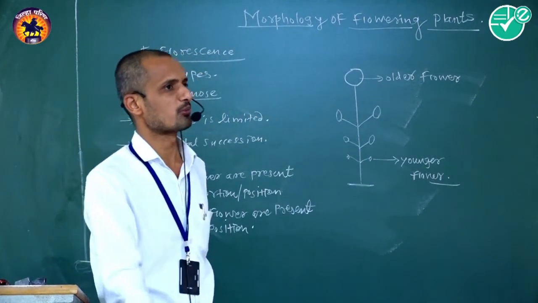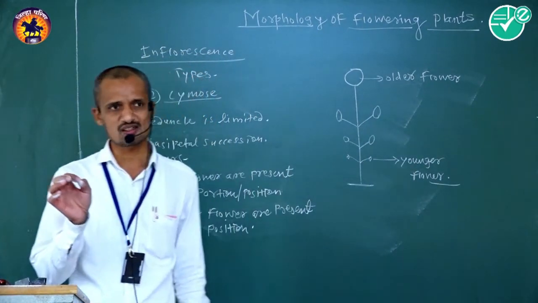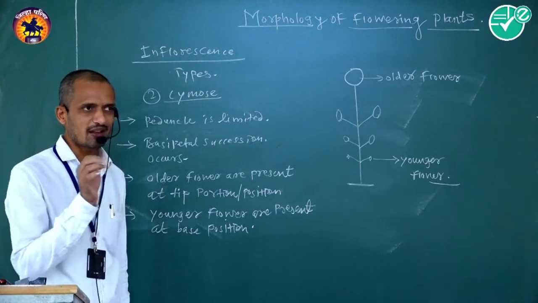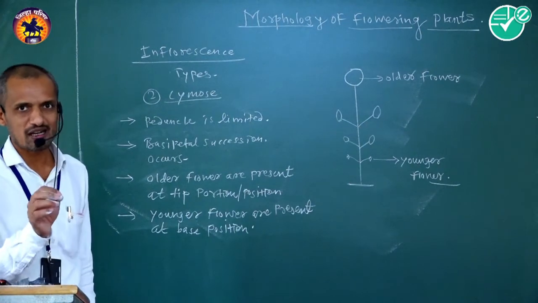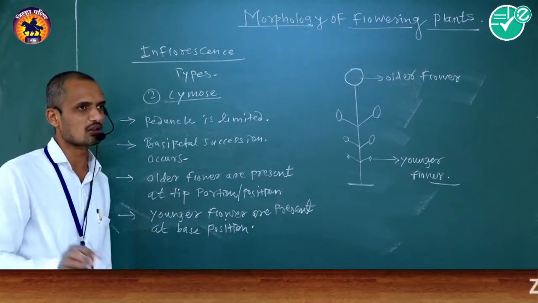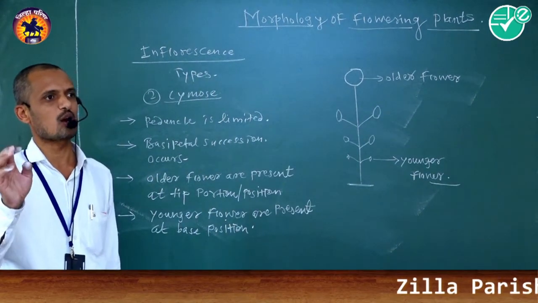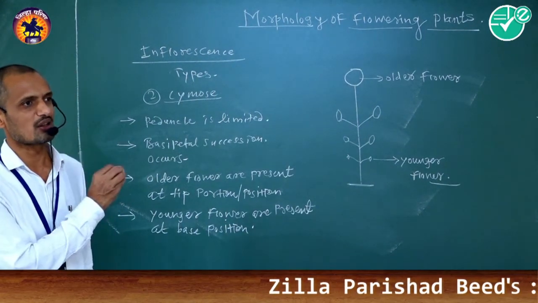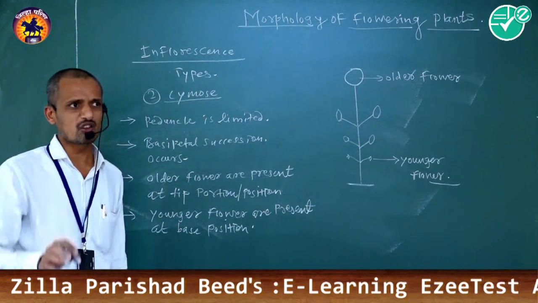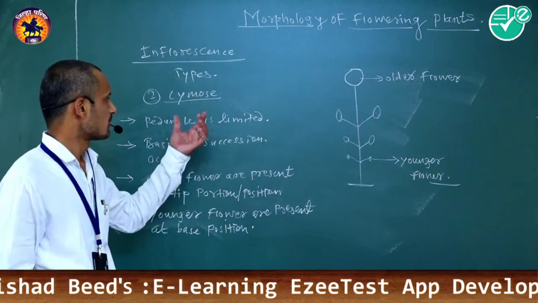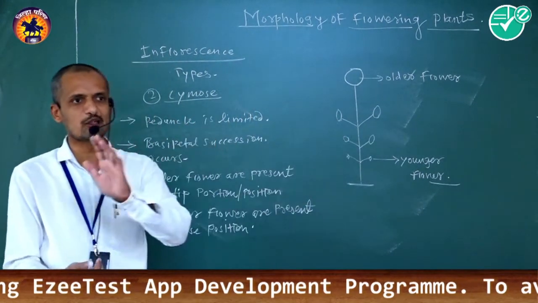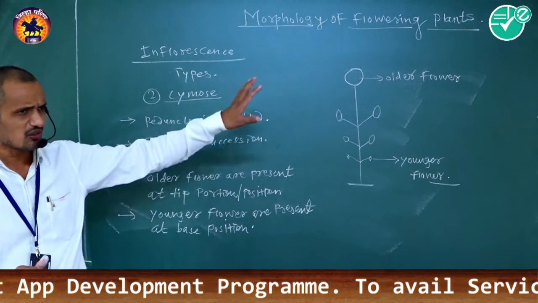So, the typical structure of inflorescence, as well as the different types of inflorescence. Inflorescence is defined as the mode of arrangement of flowers on the inflorescence axis or main axis or peduncle. The typical structure of inflorescence consists of the peduncle or main axis or inflorescence axis, and flowers.